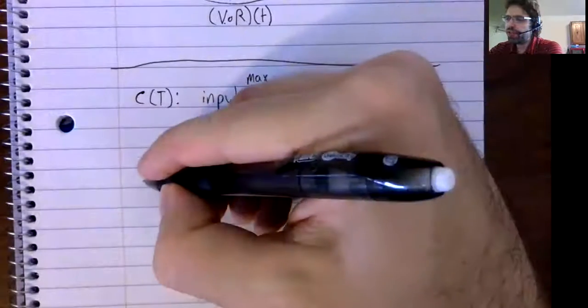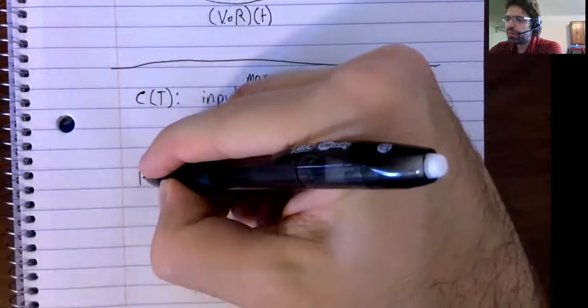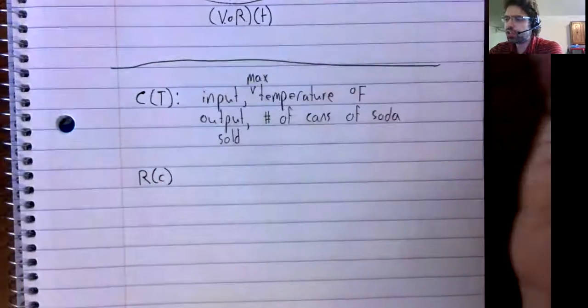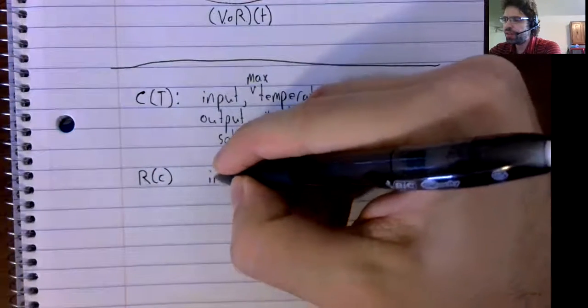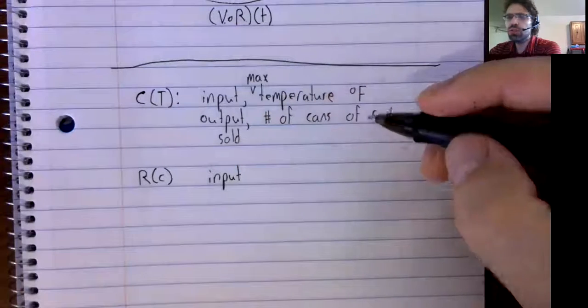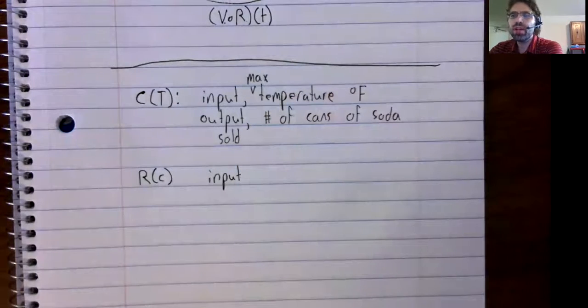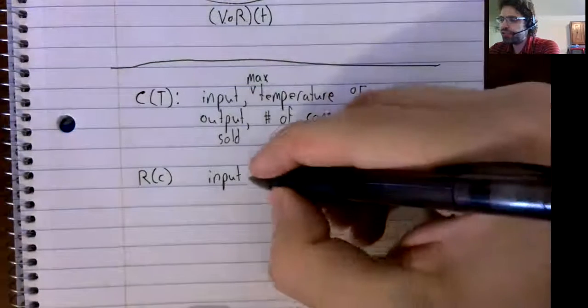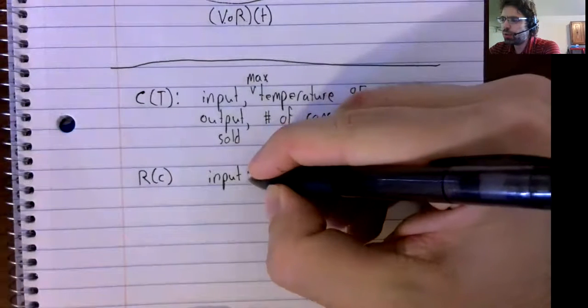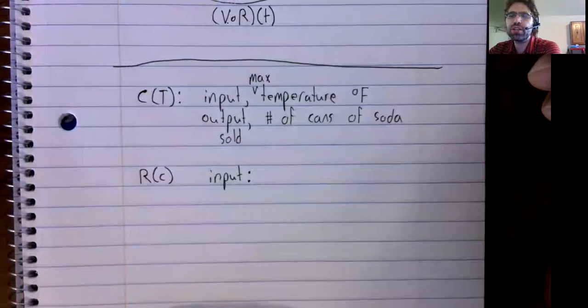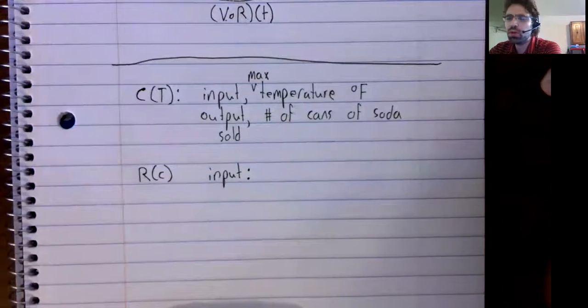And we can define a recycling function. The more cans of soda are sold, the more cans of soda are out there. So pretty trivially, the more cans of soda will be recycled.